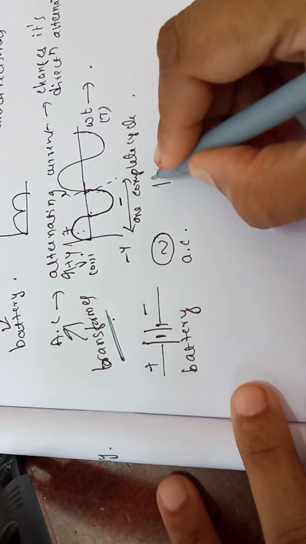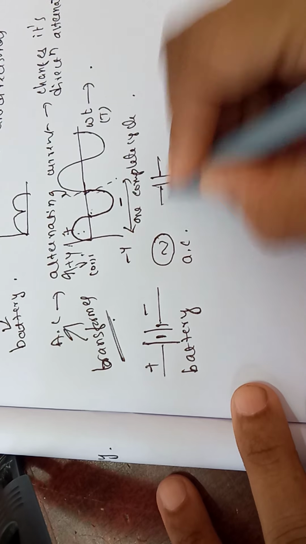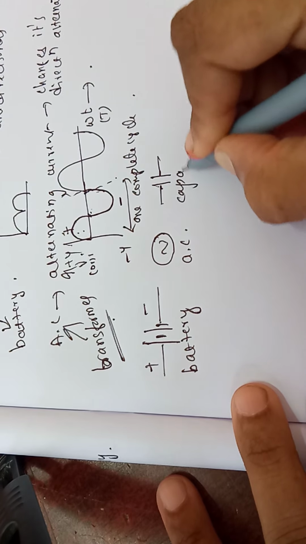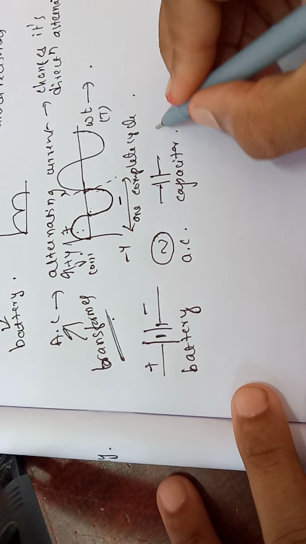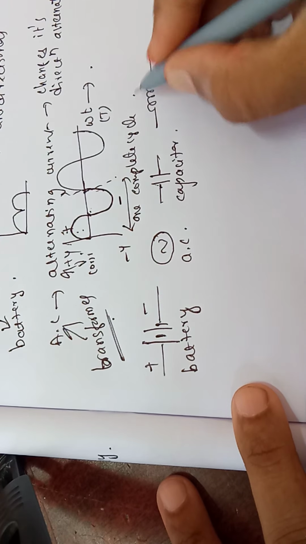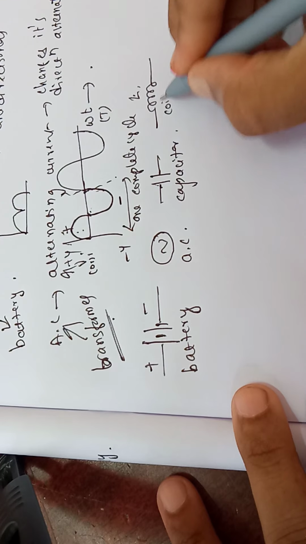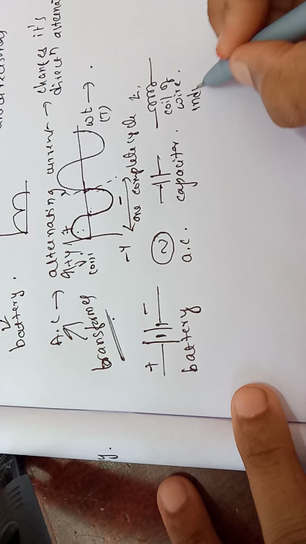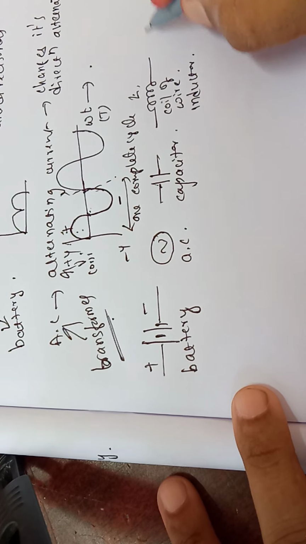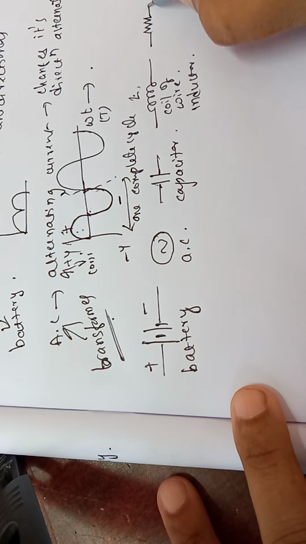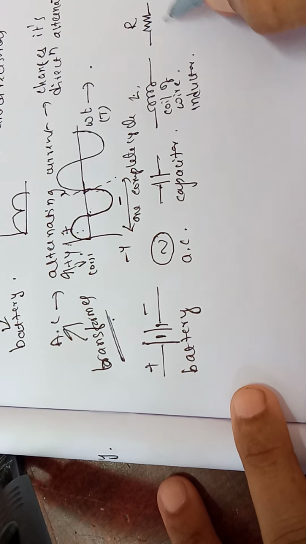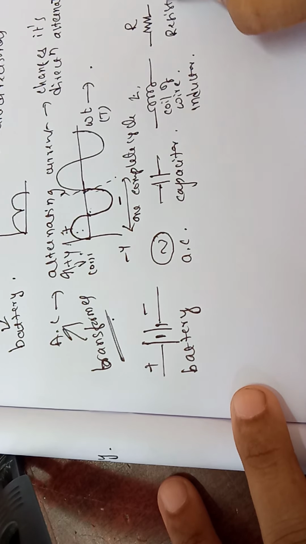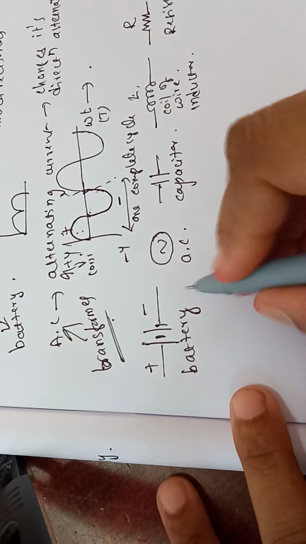Now these two parallel lines are the symbol of a capacitor. The coil of wire is the symbol of an inductor. Now the symbol of a resistor is drawn in this way.